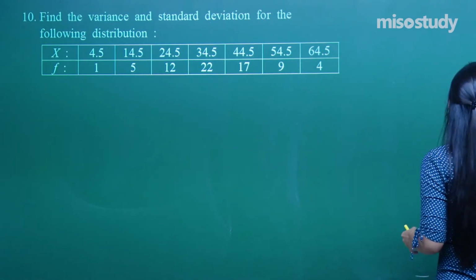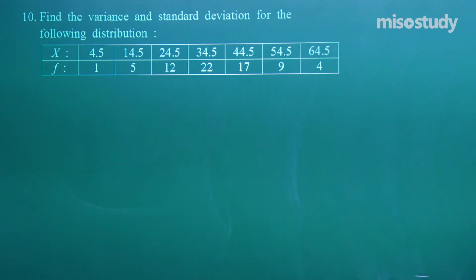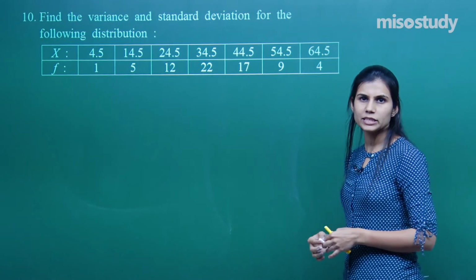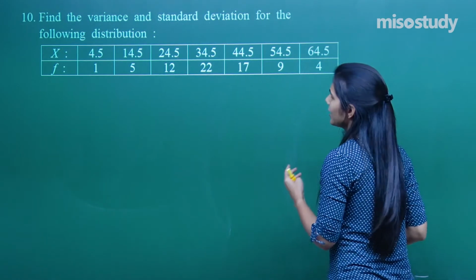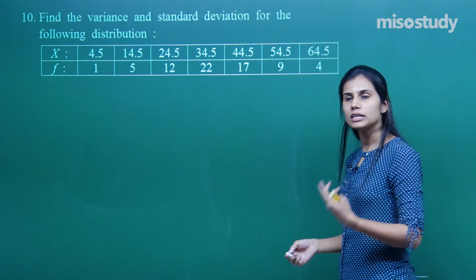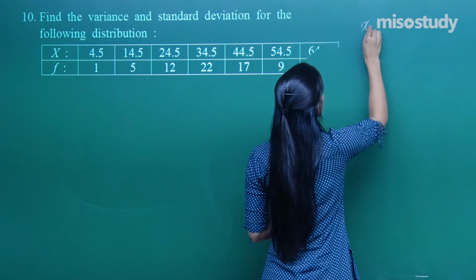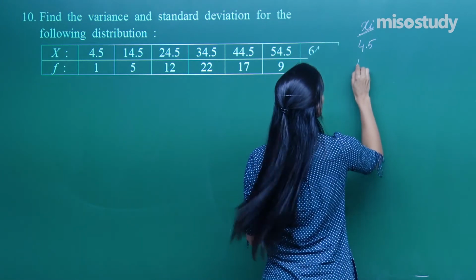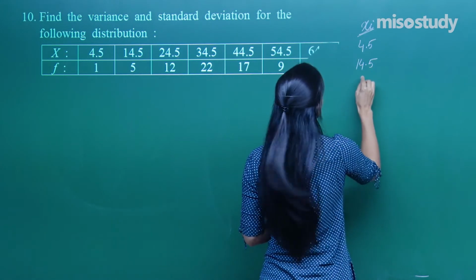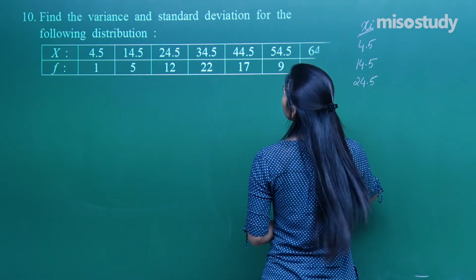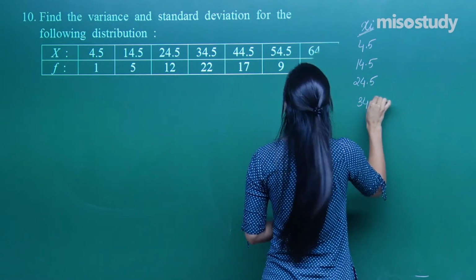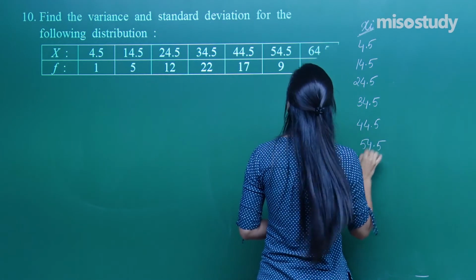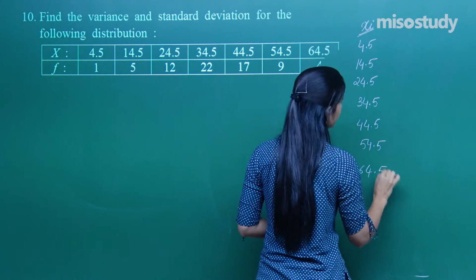So here, if you can clearly observe, calculating variance and standard deviation from the actual mean is going to be a pretty tedious task. So let's calculate variance and standard deviation with the help of an assumed mean. So I have xi as 4.5, 14.5, 24.5, 34.5, 44.5, 54.5 and 64.5.